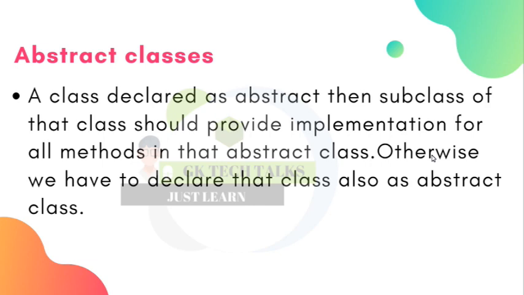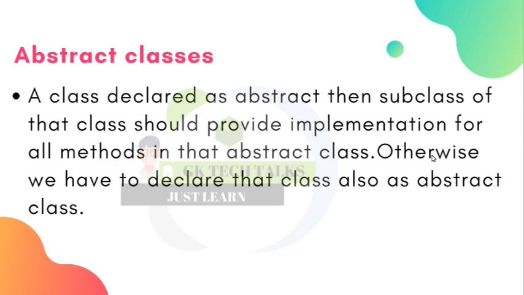We can call it overriding, where we override all the methods of our superclass abstract class in our subclass. Suppose your subclass is not going to provide implementation for any of the methods, then you need to declare your subclass also as an abstract class. Otherwise you will get a compile time error.